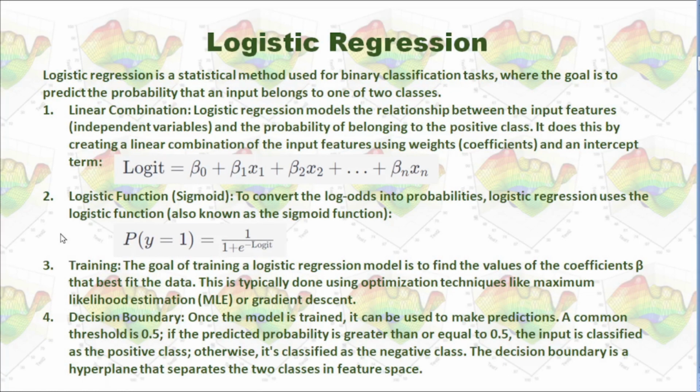For the logistic regression, the first step is linear combination. That is, we have all those input features x1, x2 to xn. Those are independent variables, and we are going to combine them linearly to generate this logit.